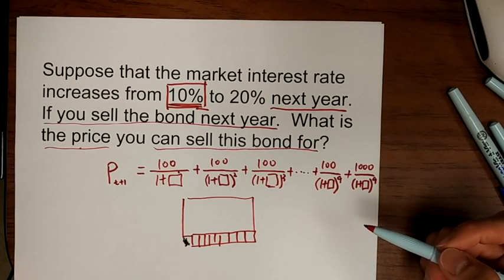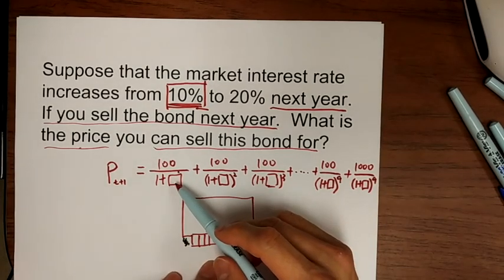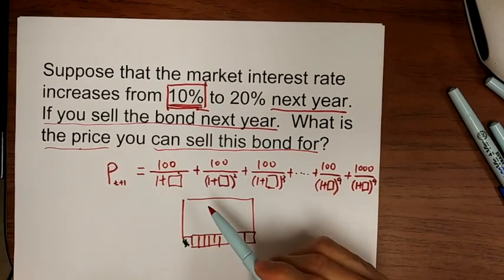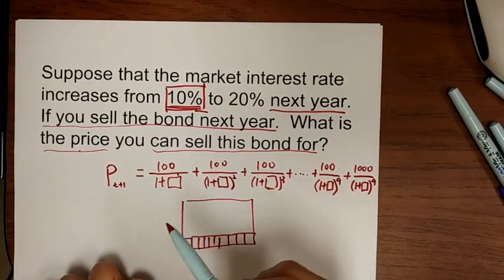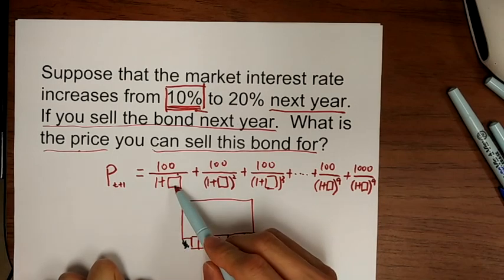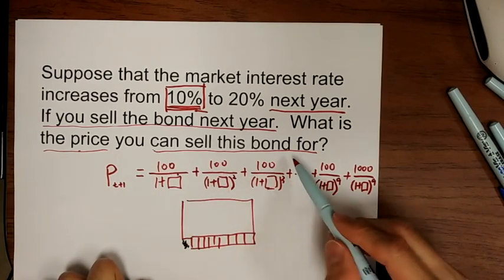Okay, now the interest rate. What is the interest rate this guy is going to use to discount his future cash inflows?